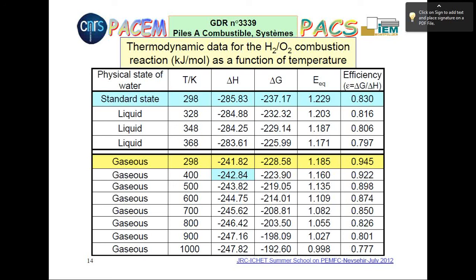And you can see also that in this table, the enthalpy, delta H, is nearly constant, from room temperature to 100 K, very small variation. So you can just think about delta H as constant, delta G, the absolute value decreases, so it means that the other term, T delta S, has increased with T. Okay?